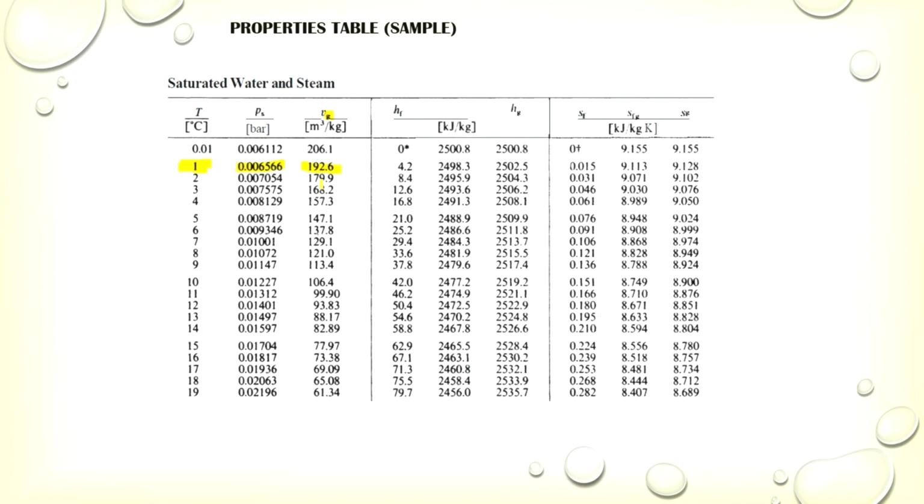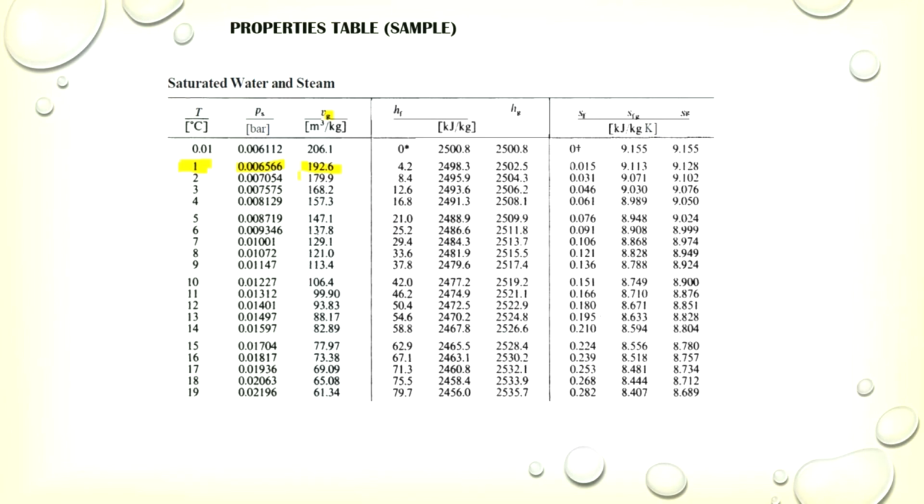So when you are solving problems, if the question gives you, at this pressure and this temperature, a volume of let's say 180 meter cube per kg, then the condition of the substance is in the category of wet vapor. That means a mixture of liquid and vapor.